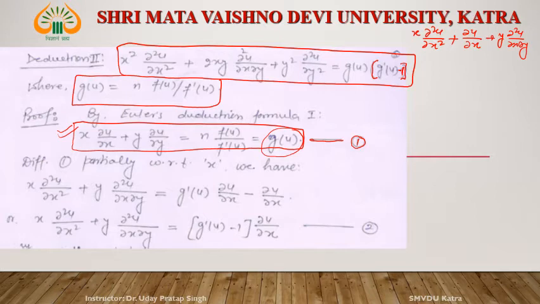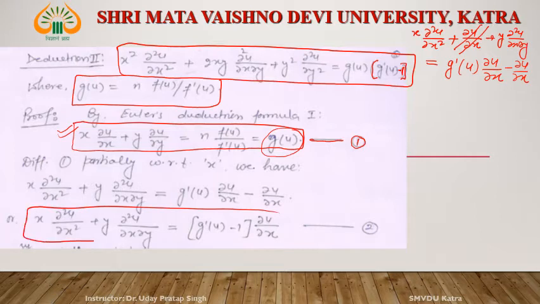This is equal to the derivative of the right-hand side, g(u), that is g'(u) times the derivative of u, which is ∂u/∂x. After simplifying, taking ∂u/∂x common, we obtain the right-hand side in this form, and the left-hand side remains as it is. This is equation number 2.